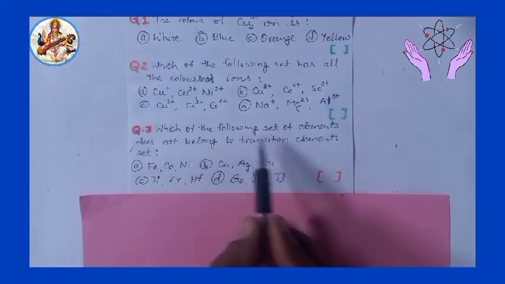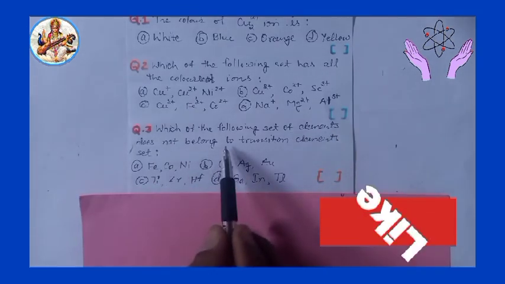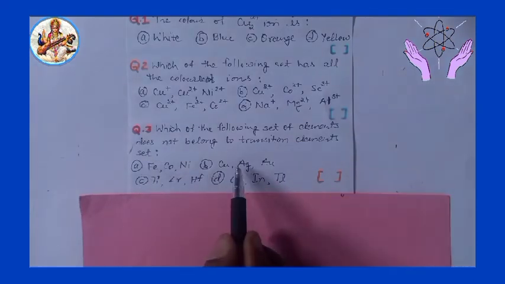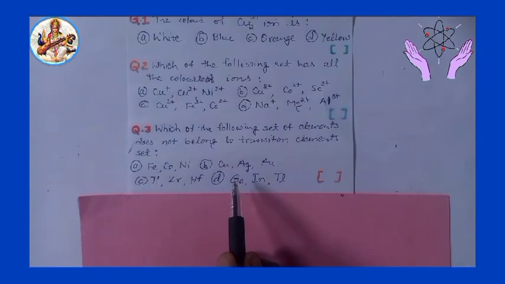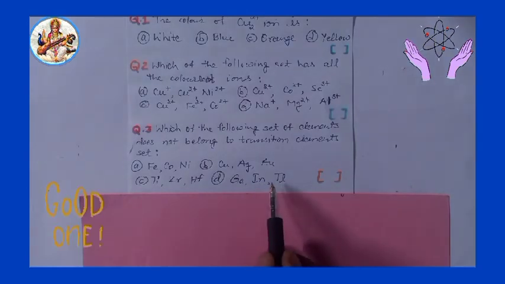Next, third: which of the following sets of elements does not belong to transition elements? Options A, B, C and D. Answer option D, Ga, In, Tl. They belong to the p block.